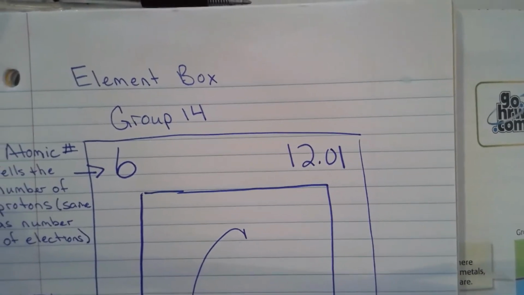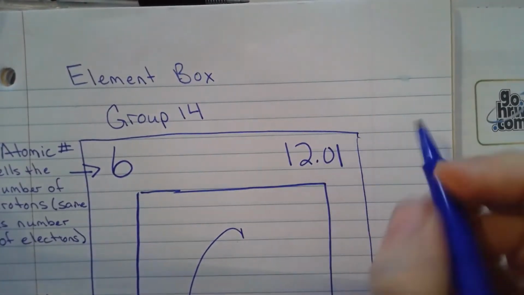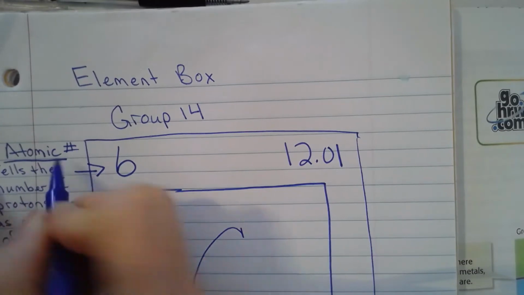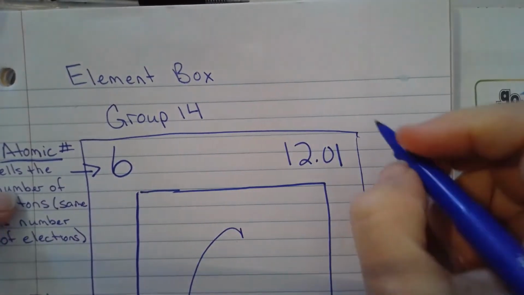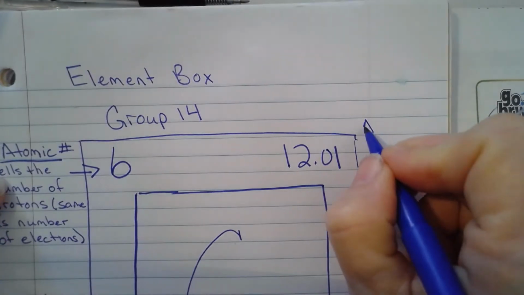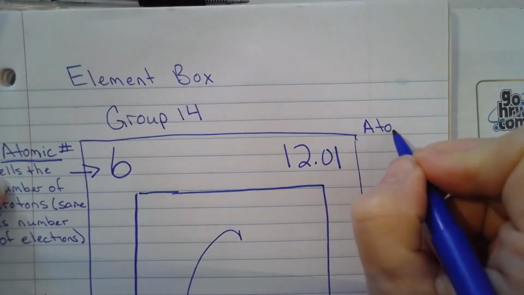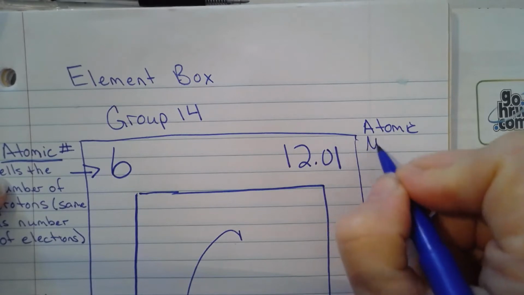This number that has a decimal, let me underline my element symbol. So this is the atomic mass.